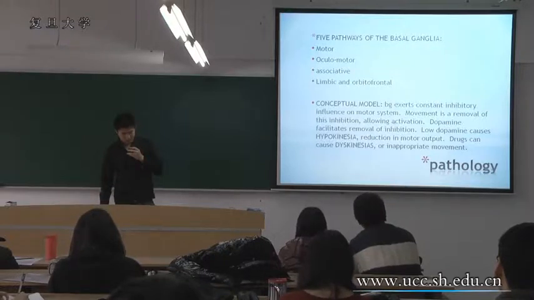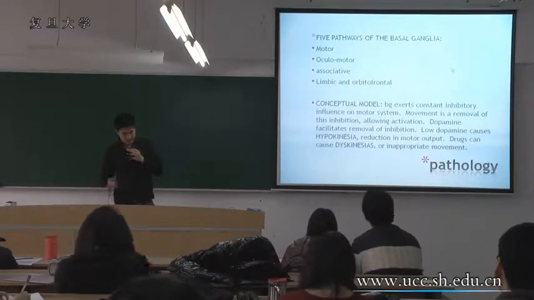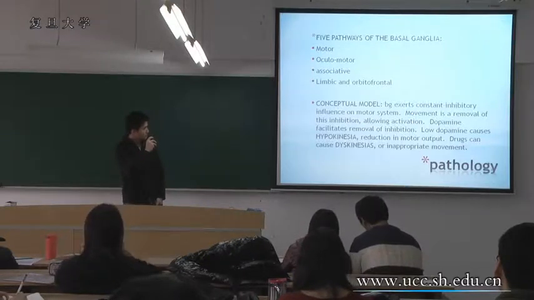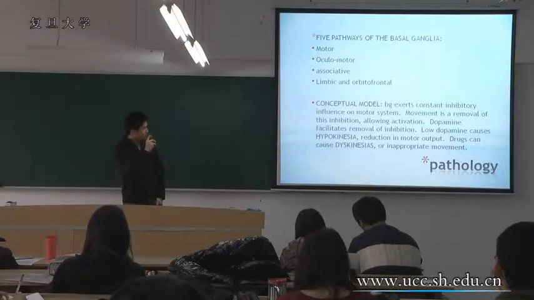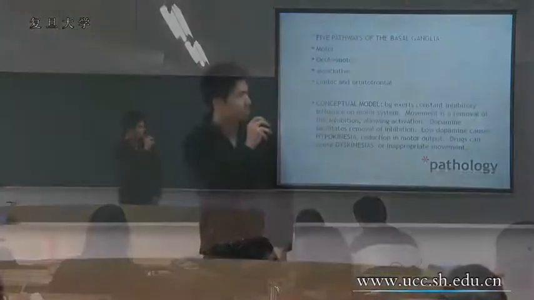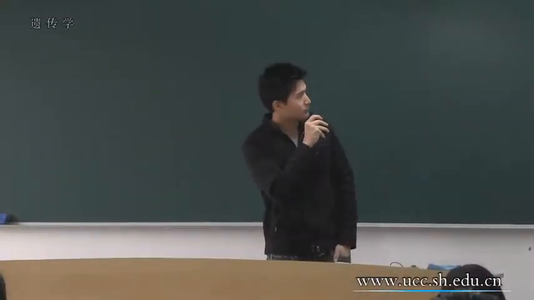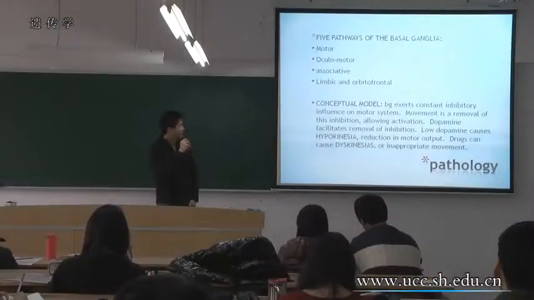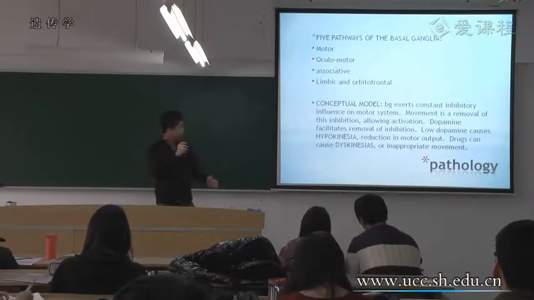I already kind of talked about this, but they think that perhaps dopamine facilitates the removal. Sorry, I'll just start from the beginning. The basal ganglia exerts a constant inhibitory influence on the motor system, and when you move, it's a removal of this inhibition.